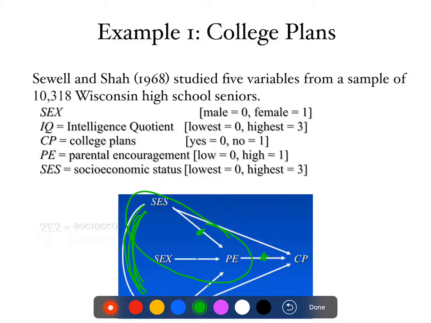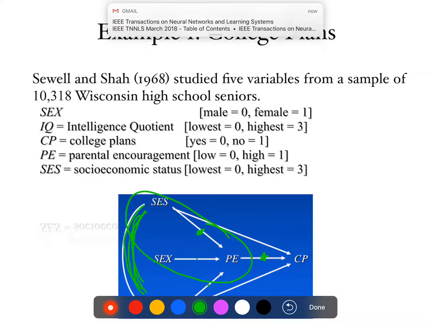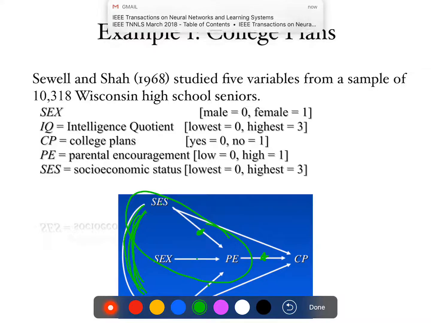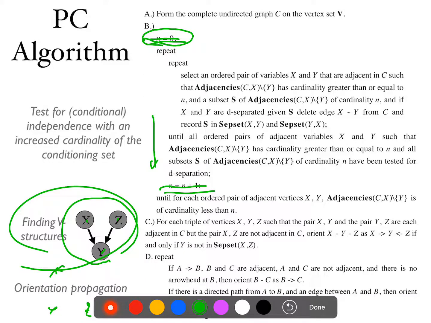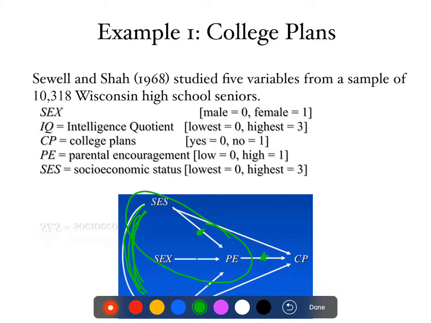You mean this one? You have a third variable, right? Because it's a V structure. Which one is the third variable? You mean PE? Yeah, you can test. This is not a V structure, right? Because they are adjacent. Each pair of the variables is adjacent. For a V structure, right? We have X, Y, Z, X and Y cannot be adjacent, right? Remember the first rule.